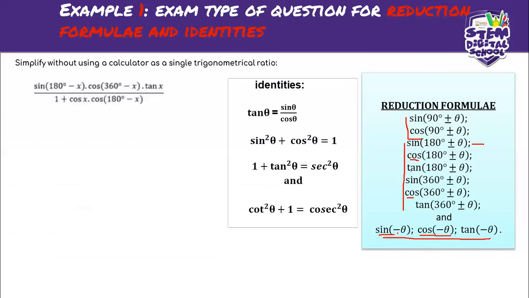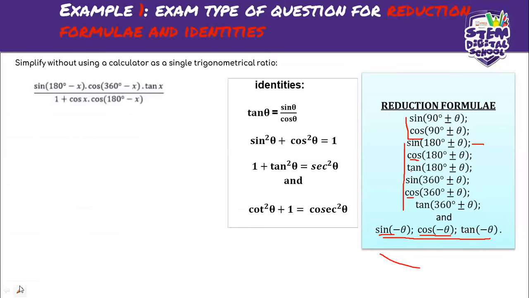But now when the angle becomes negative, it changes the direction. It's no longer moving anti-clockwise, but it is moving clockwise. Once it moves clockwise, then it's going to be in the fourth quadrant. And when you look in the fourth quadrant, it's only cos which is positive. That's why in this case, you'll find that cos is positive, and both sine and tan are negative, right? I hope I'm making sense on that one.